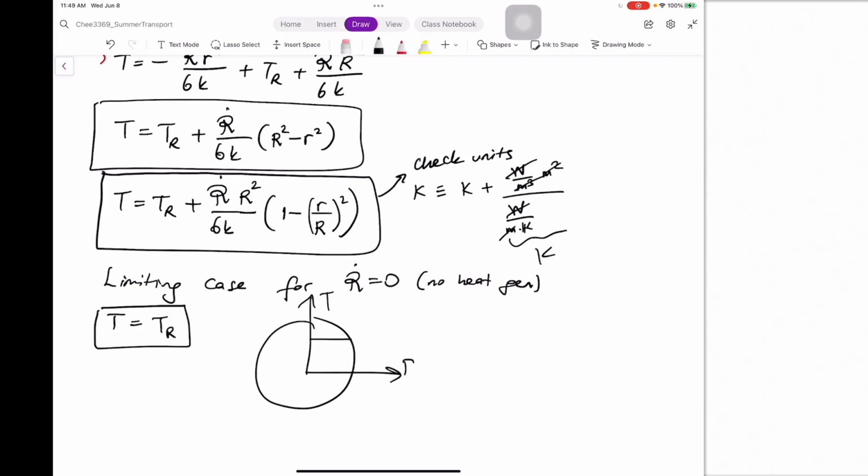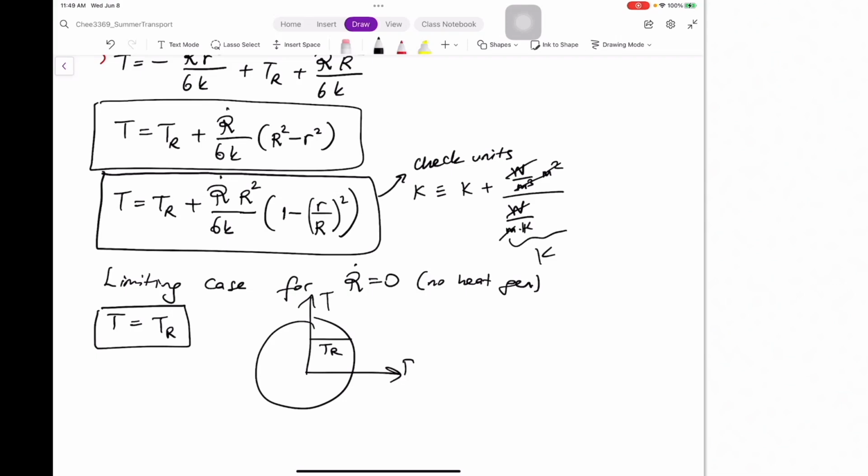It's basically the same overall, TR. It would not change because if it's at steady state, it's going to lose all its energy until it's in equilibrium with the air, right? It's going to just equilibrate with the air, and since there is no heat generation, it's just going to stay as cold as air or as hot as air.